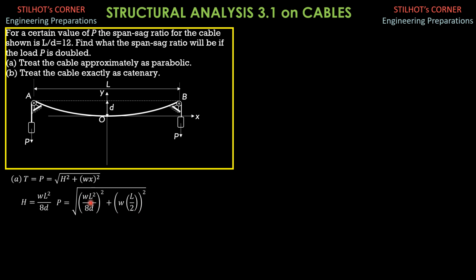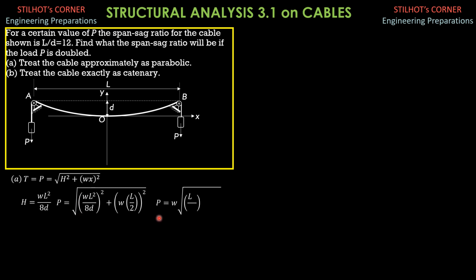We can factor out W square. It is common, and the square root of W square is W. The first term here is W square L to the fourth, and the second term we have W square L square. We can factor out W square L square. The square root is WL out.